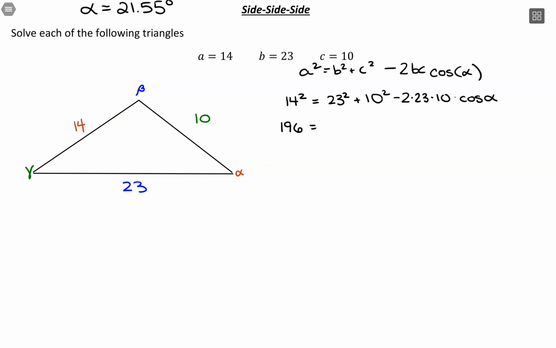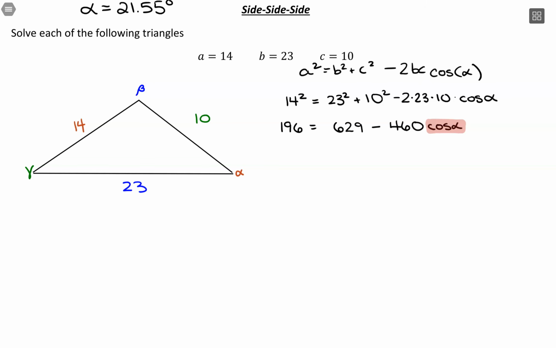I'm just going to do the 23 squared plus 10 squared, so that should be 629. And then minus 2 times 23 times 10, which should be 460, and that 460 is multiplying with cosine of alpha. There's just simplifying some of the numerical calculations, and now what I'm going to work on doing is getting cosine of alpha all alone on one side of the equation.